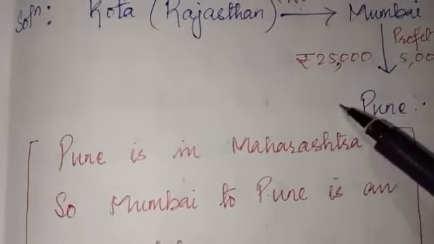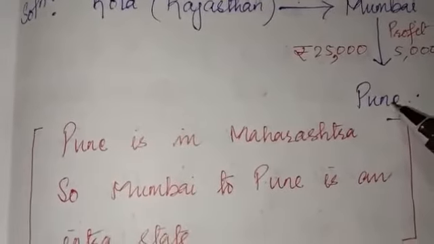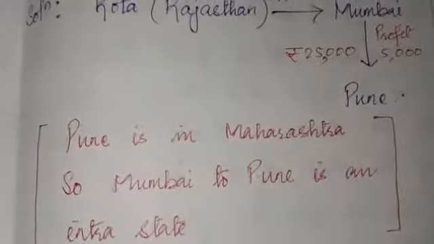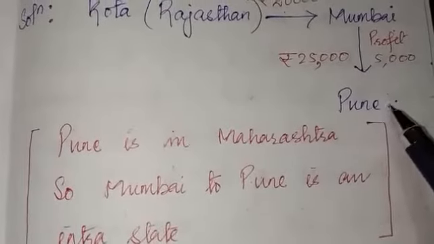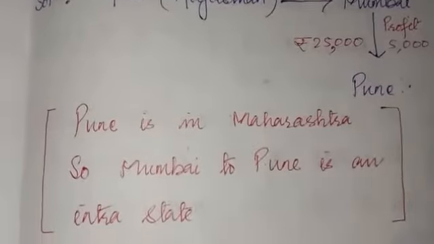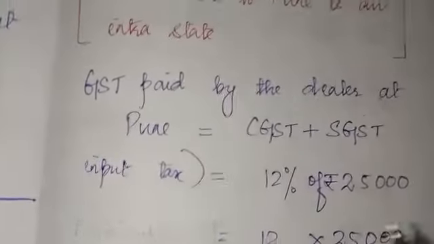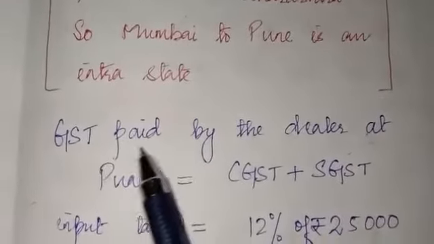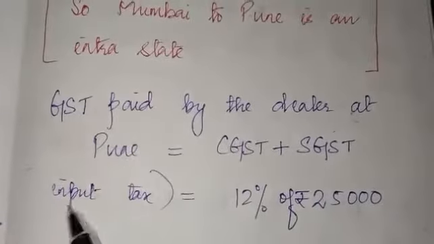The dealer at Pune is the end user. Okay, so here we will not get output GST because he is not selling. We will get only input GST. So the GST paid by the dealer at Pune is input tax.